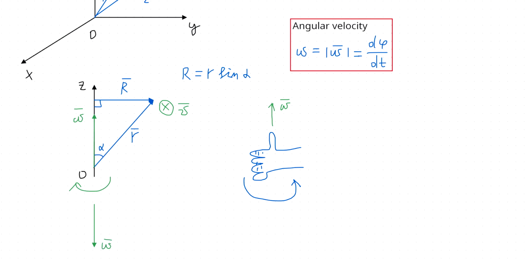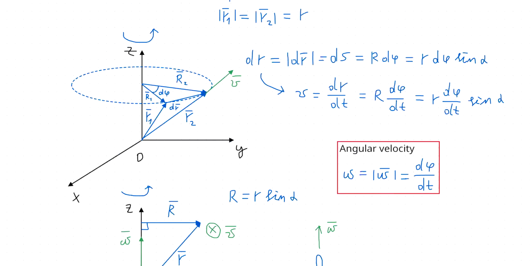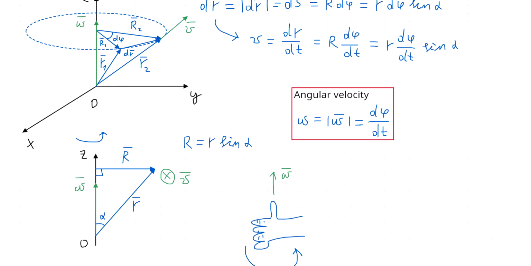But now we have just this, and on this picture we can also write this vector of angular velocity. It is here.